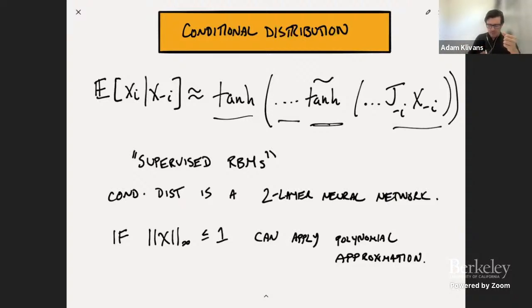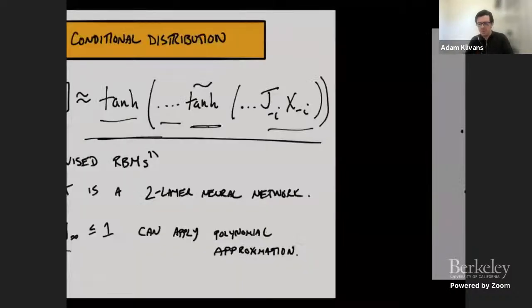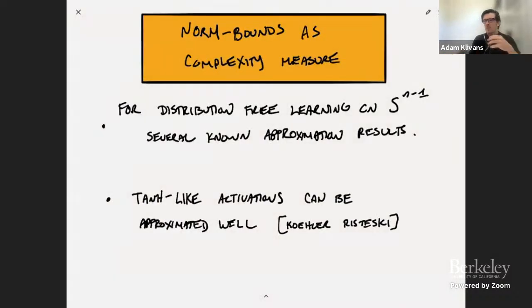Still, if you assume that the infinity norm of x is bounded by 1, which we have in this case because we're looking at discrete values on the RBM, then you can try and learn this two-layer neural network using polynomial approximation. So we have a toolkit for learning neural networks when you have norm bounds on the inputs and the weights.